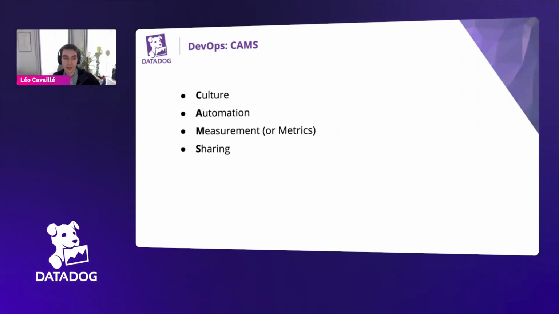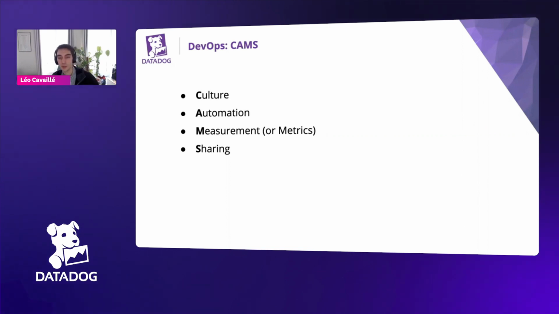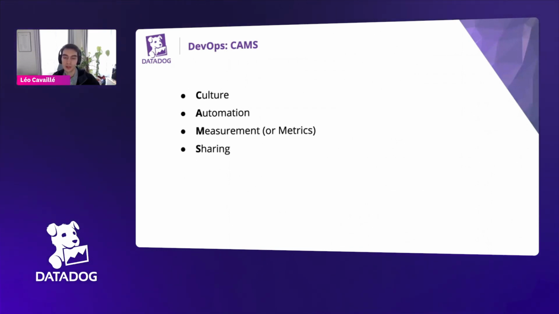Well, I work at Datadog, so obviously measurement is one that comes to mind. But all of these are important. And maybe what I want to stress in what Waldo and Dan said earlier is that this DevOps thing that we're all talking about and that you can read in many books and presentations is actually very fluid. It depends on a lot of factors, and there's no wrong approach to it.